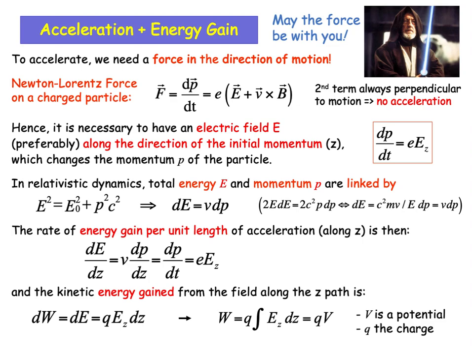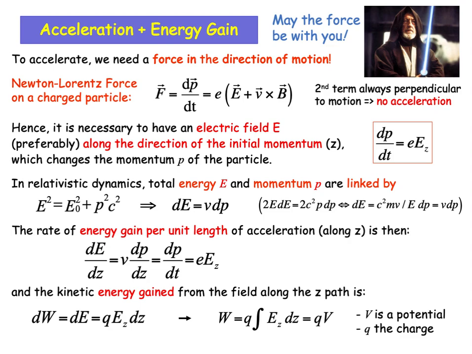How are we going to accelerate the particles? In general, force is the rate of change of momentum. The Lorentz force on a charged particle is equal to Q times E, the electric field, plus the cross product of velocity and magnetic field.